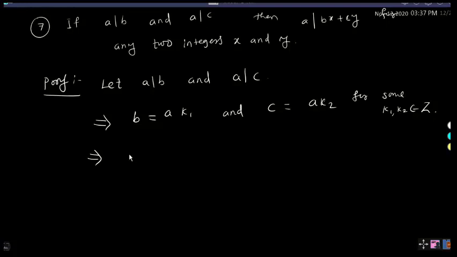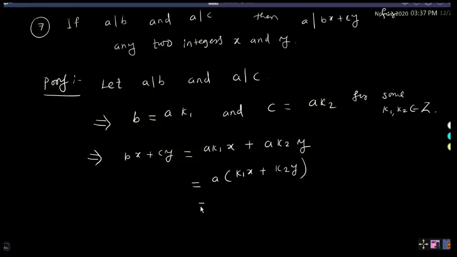This implies that Bx plus Cy is equal to AK1X plus AK2Y. This is equal to A into K1X plus K2Y. We have taken A common from both the terms. Here, K1X plus K2Y belongs to Z because K1 and K2 are integers, X and Y are integers. This product is an integer, this product is an integer, and the addition of these two integers is again an integer.